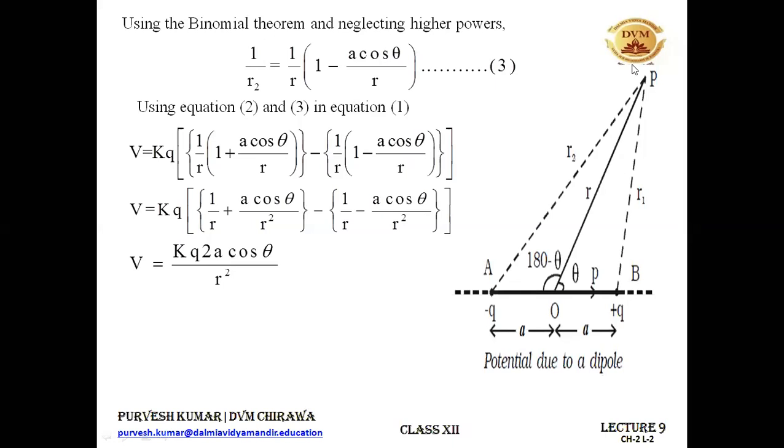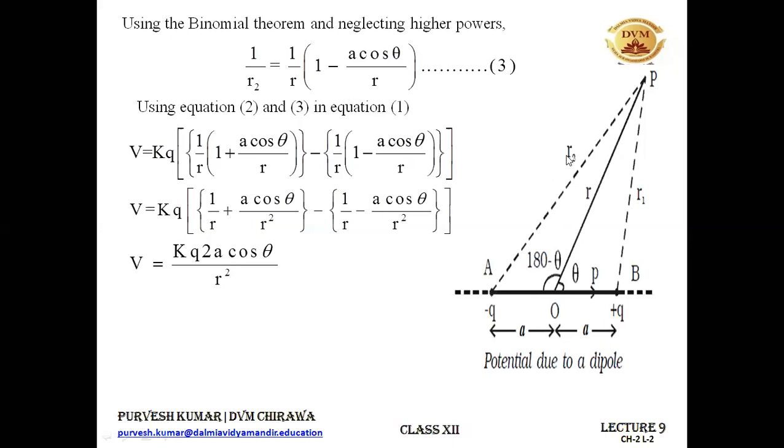Nisha is asking me something, so let me answer her first. She wants to know why we have used 180 degree minus theta when we are finding the cosine law for R2. We have applied the cosine law in triangle AOP. The angle is 180 minus theta only, and the side opposite to this angle is R2.